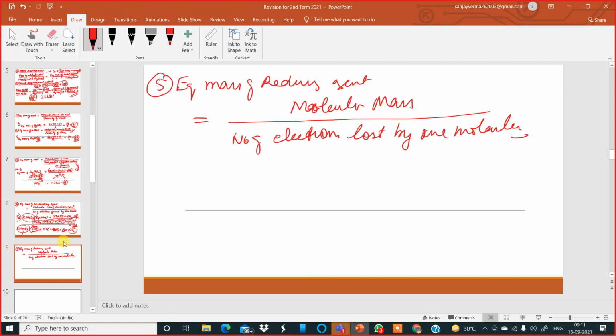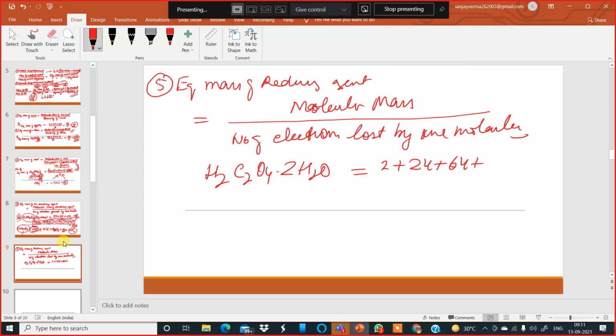If we talk about oxalic acid, the formula of oxalic acid is H2C2O4. Oxalic acid is present in the form of crystals. If you work out the molecular mass of oxalic acid, it becomes 2 plus 24 plus 64 plus 36, divided by the number of electrons, which needs to be calculated.